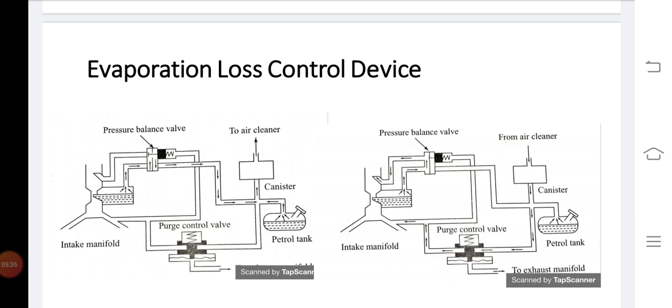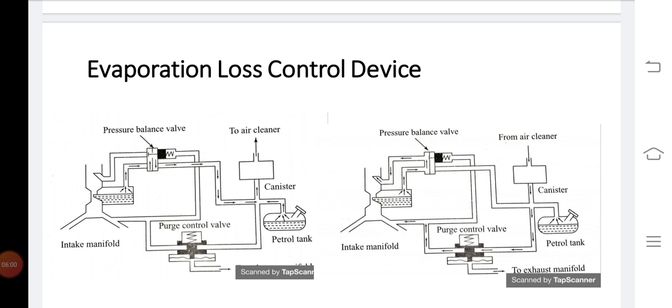The system basically consists of an adsorbent chamber, called the canister, the pressure balance valve, and purge control valves. These are the main components of this system.